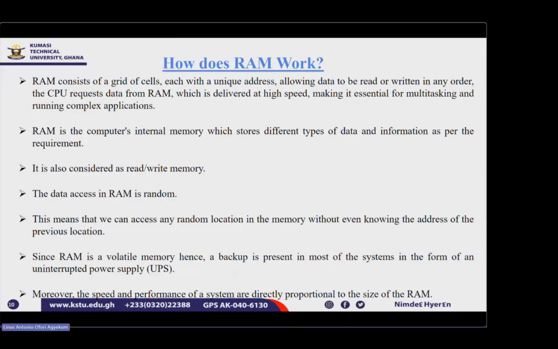And so when we talk about how the RAM works, the RAM consists of something we call gate cells. And these gate cells allow the RAM to store data or read data from them. So each and every cell has a unique address.